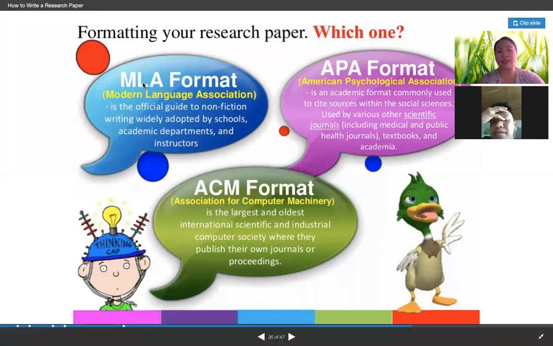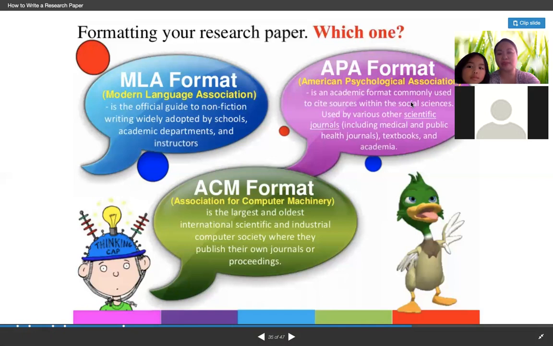This is called the MLA, or Modern Language Association format. This is the official guide for non-fiction writing, widely adopted by schools, academic departments, and instructors. The APA format naman is the American Psychological Association.